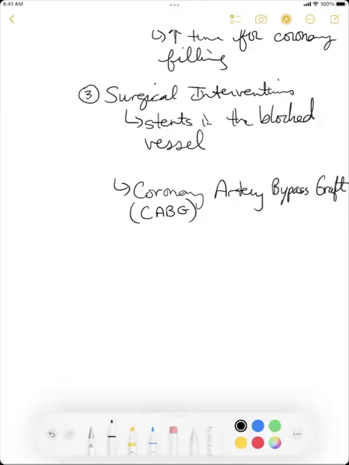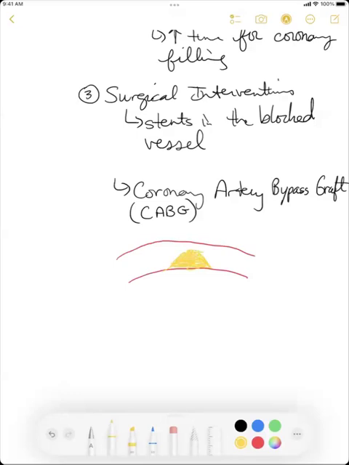Essentially what they're doing is they're taking the coronary artery where there is a blockage in the vessel. So there's a blockage in the artery wall. There's an atherosclerotic plaque that blocks a lot of the vessel.